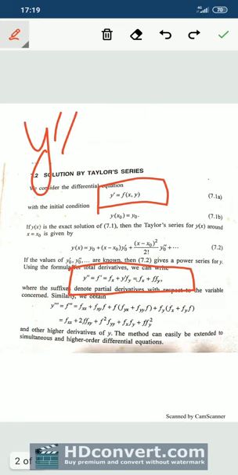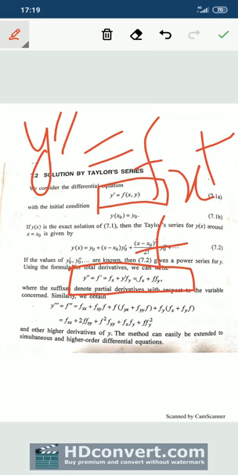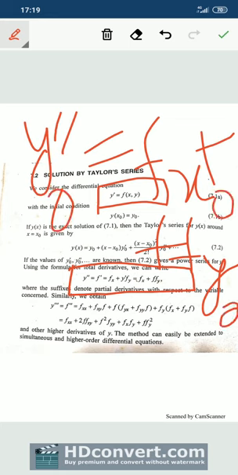Now see, once I have y double dash, let me explain it using y double dash: f x plus f times the partial derivative with respect to y. Now what will be y naught double dash? Simply evaluated at x naught and y naught. Let me write f naught here, so that you understand that I am evaluating at x naught and y naught, right? Now similarly, you can get all the required values.